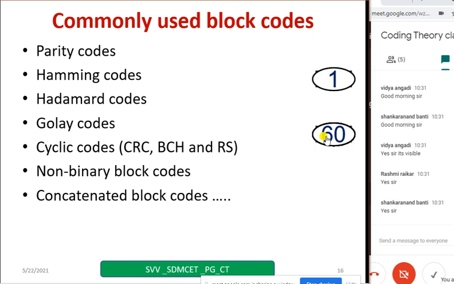Take another 10 seconds. Those who have not copied can copy down parity codes, Hamming codes, Hadamard codes, Golay codes, cyclic codes, in that CRC, BCH and RS, non-binary block codes, concatenated block codes. Let us go to the next.